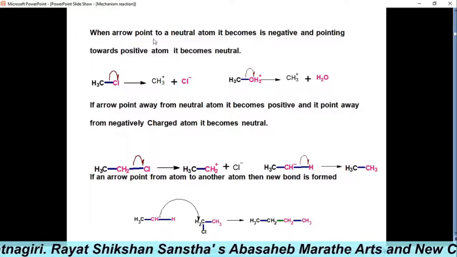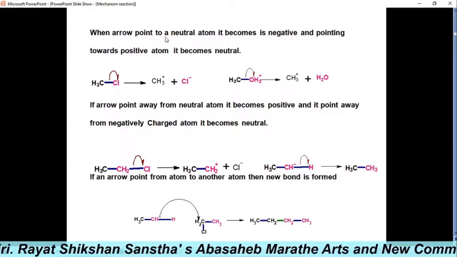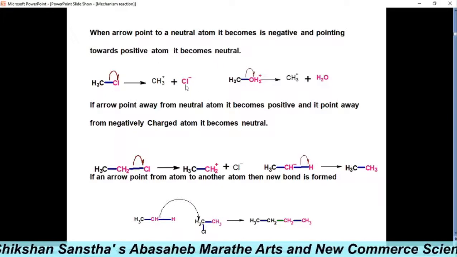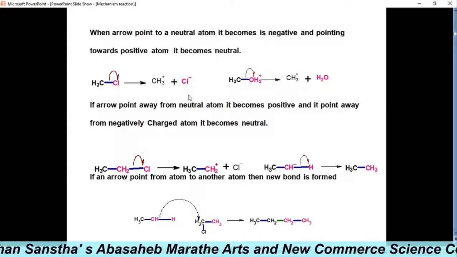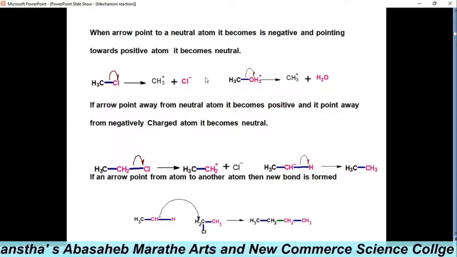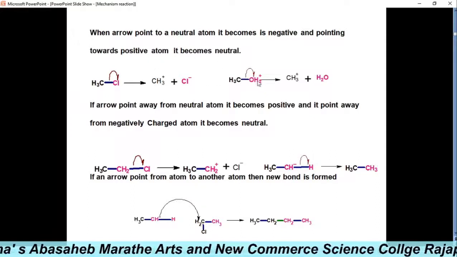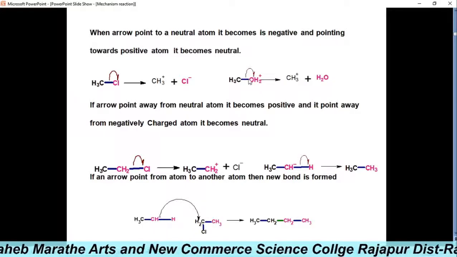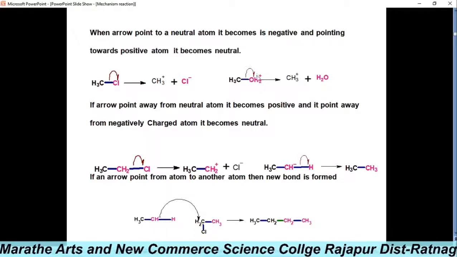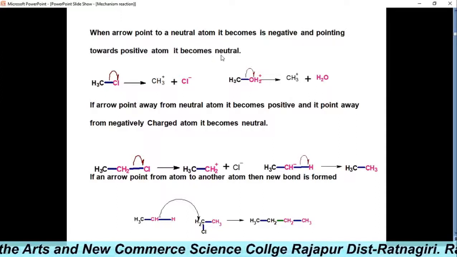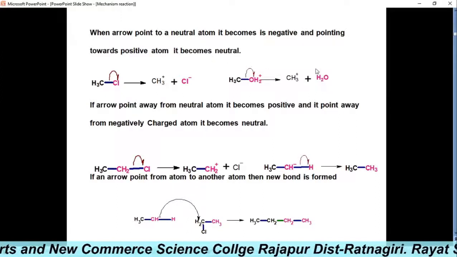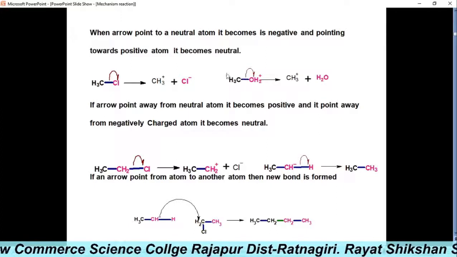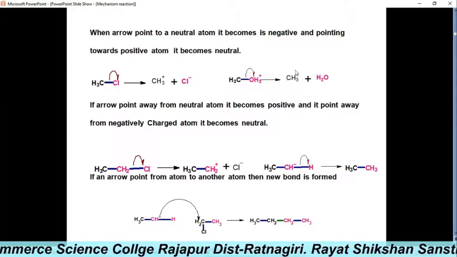It clearly shows that if an arrow points to a neutral atom, it becomes negative, and pointing towards a positive atom like this OH2 plus, it becomes a neutral molecule, and away from this carbon it has a positive charge.